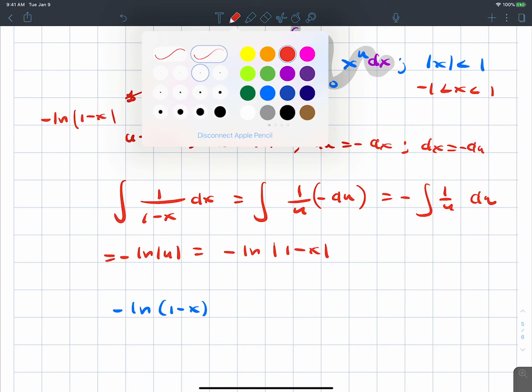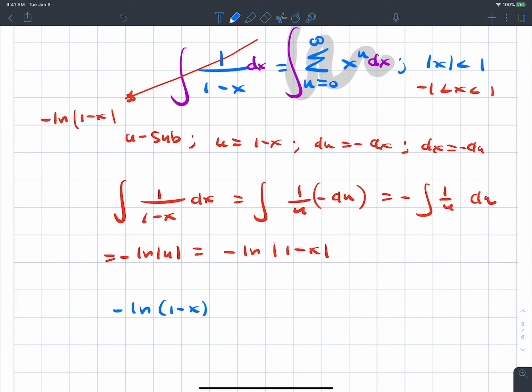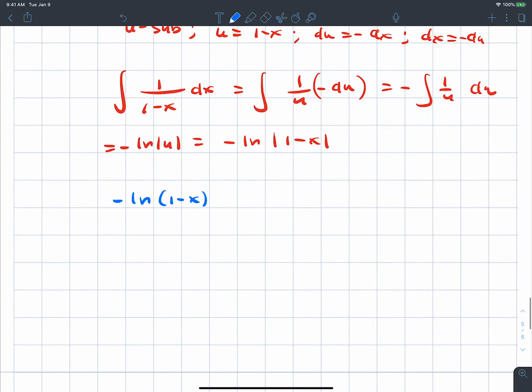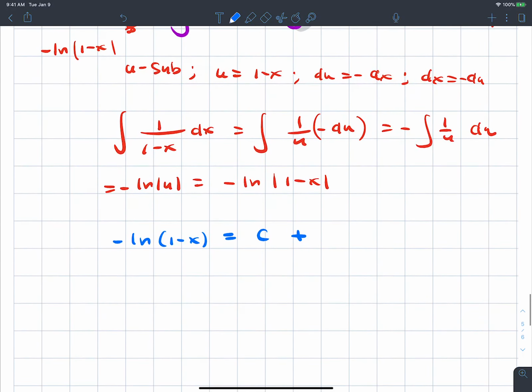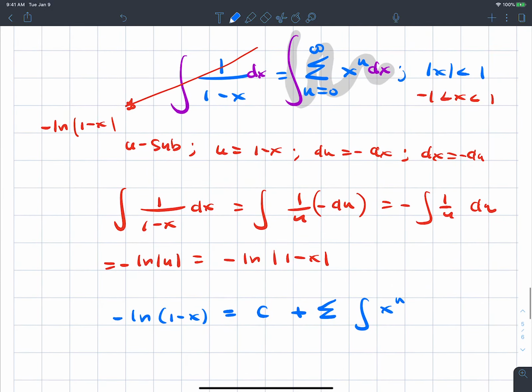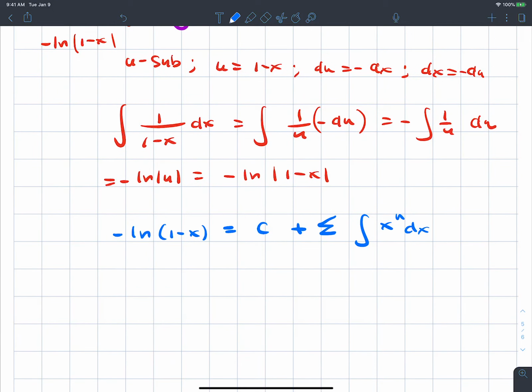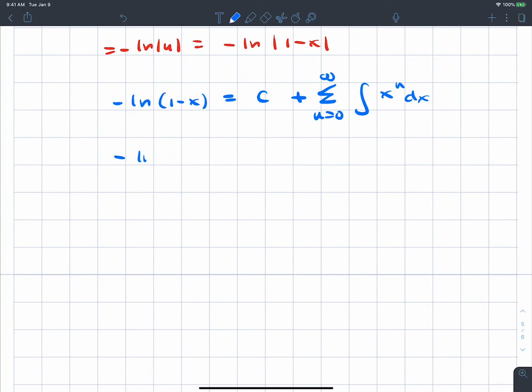So what we're going to get here is a constant c plus the sum of the integral of x to the n dx, where n is 0 to infinity. So we get minus natural log 1 minus x is that constant plus the summation of x to the n plus 1 over n plus 1 for n is 0 to infinity.